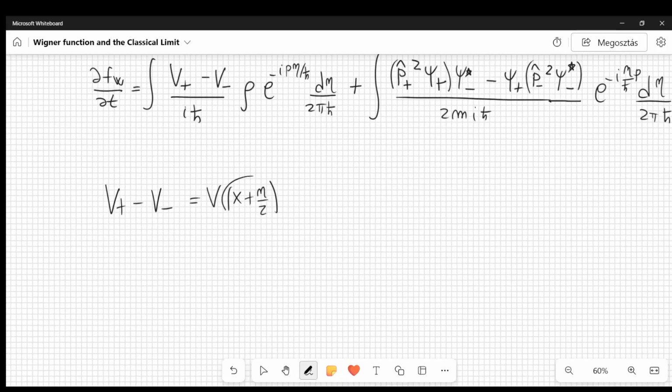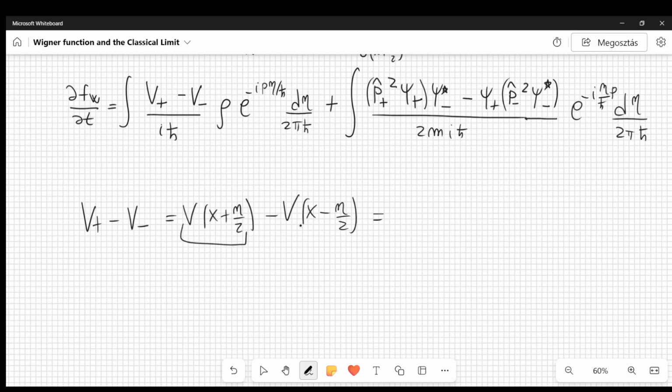So I will simply write the potential like this, minus V of x minus eta over 2. And I want to expand this difference in powers of eta over 2. So basically, I write the Taylor series for this expression, and then I subtract. You can see that due to the symmetry, in the first case I have plus eta over 2, whereas in the second term I have minus eta over 2.